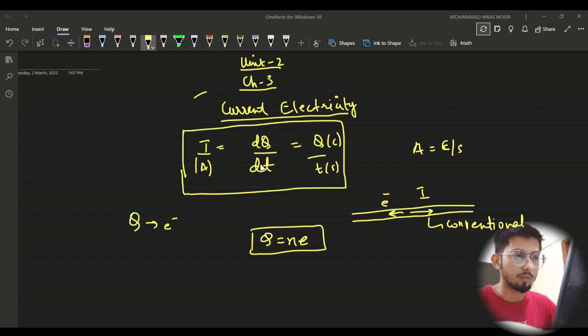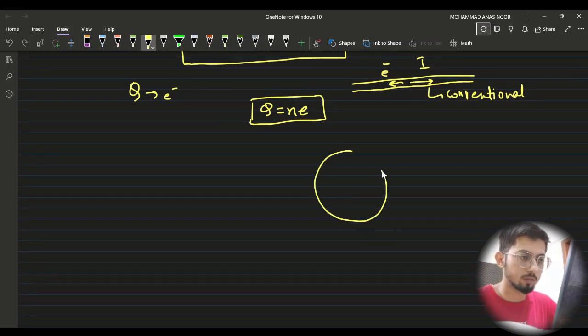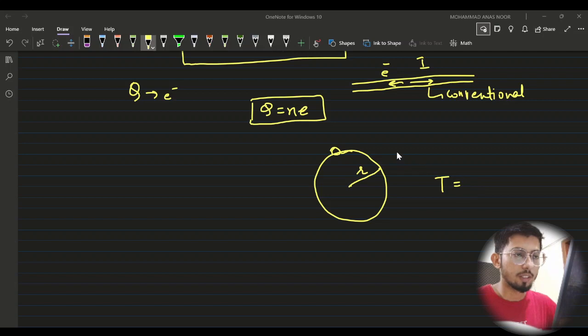Similarly, we can find, for example, the time period of a revolving electron in a circle of radius r. We want to find the time period of an electron revolving in this orbit. So how can we find that? Time is distance divided by speed.